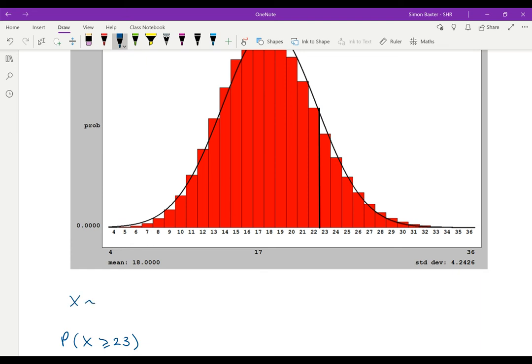X ~ Po(18), approximated with Y ~ N(18, (root 18) squared).